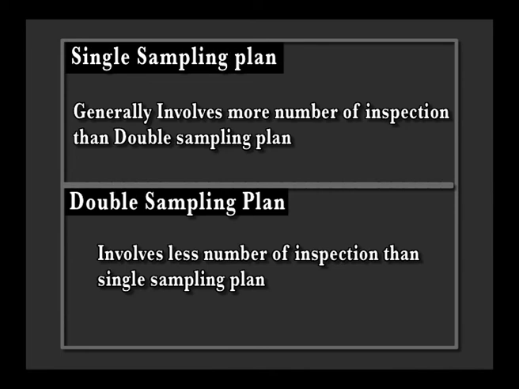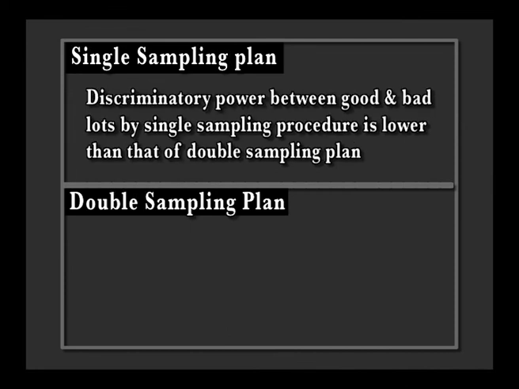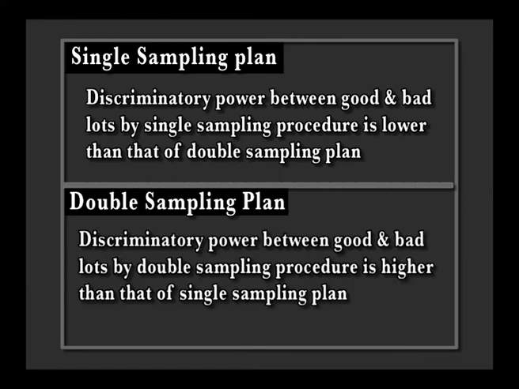Double sampling plan involves less inspection than single sampling plan, hence cost and time are reduced. Discriminatory power between good and bad lots by single sampling procedure is lower than that of double sampling plan. Discriminatory power by double sampling plan is higher than that of the single sampling plan.